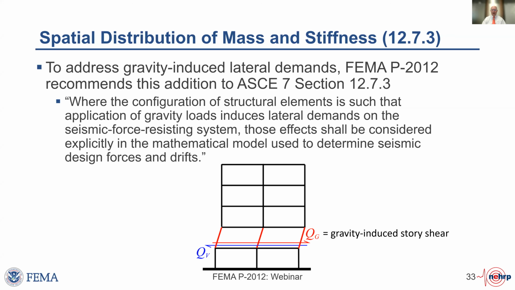There's a preferred direction of movement in this building, and it's already under a lateral load even when nothing else is happening. And we find that it's important to consider that effect because on the one hand, you could say that it uses up some of the lateral capacity of your system. It also would tend to make the system want to move in a preferred direction. And so that's an important issue of distribution of mass and stiffness.